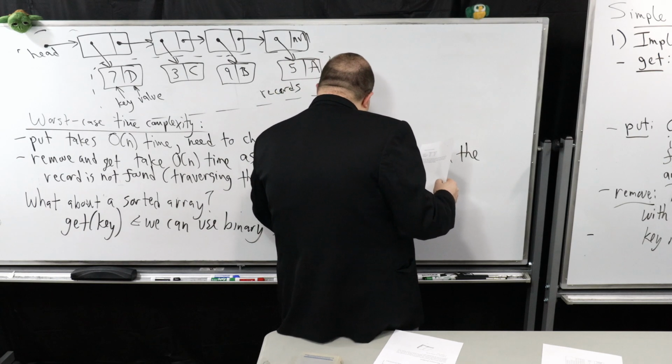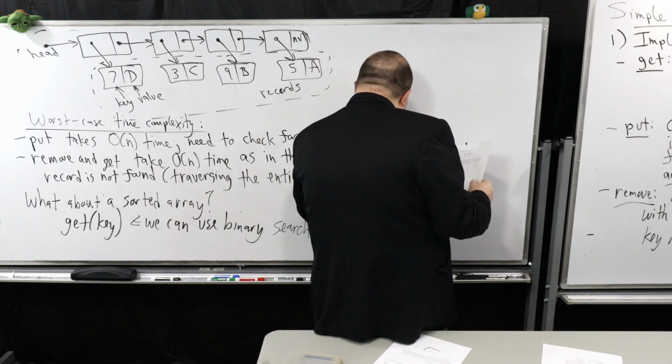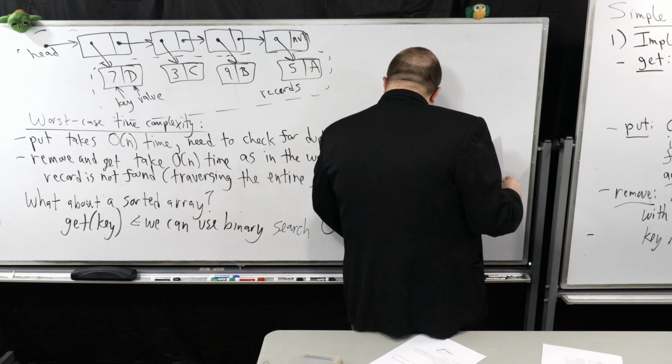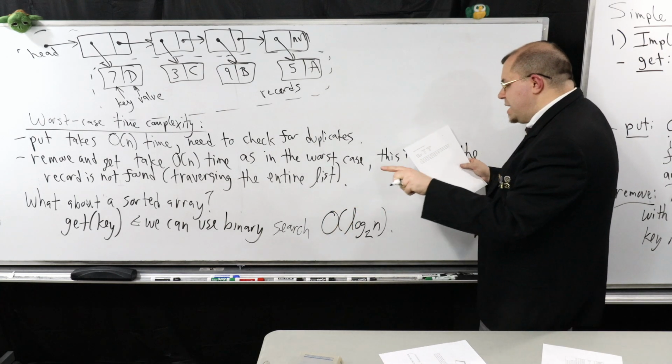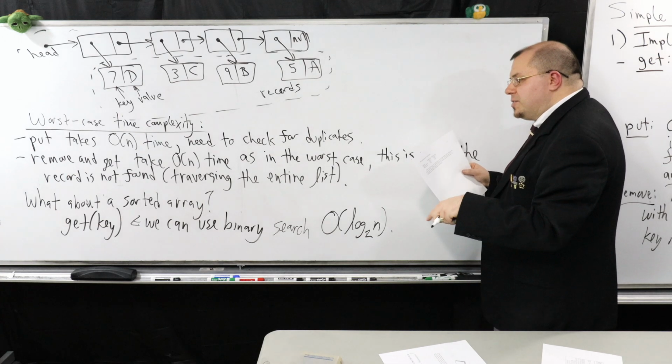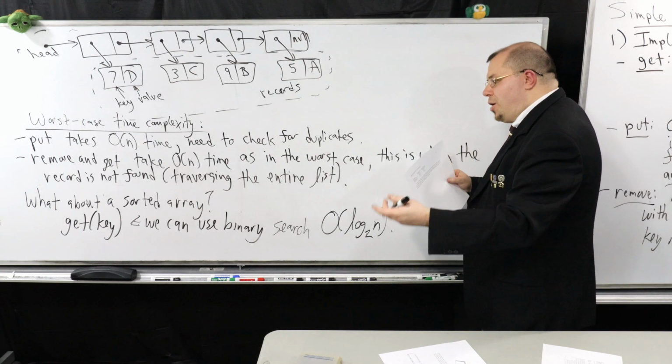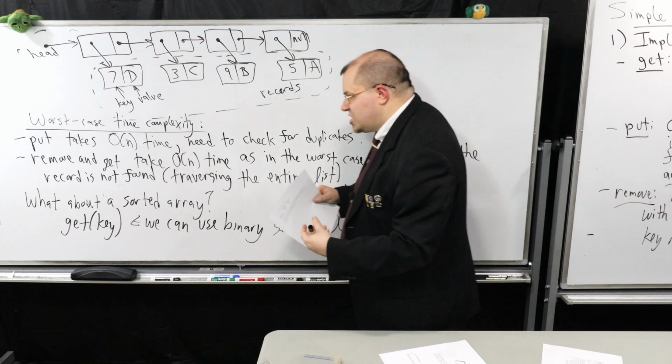And we know how to do that in big O of log n time, or log base 2 of n. So we can speed up the get operation. If ever we want to get, we can always use binary search, which speeds this up.